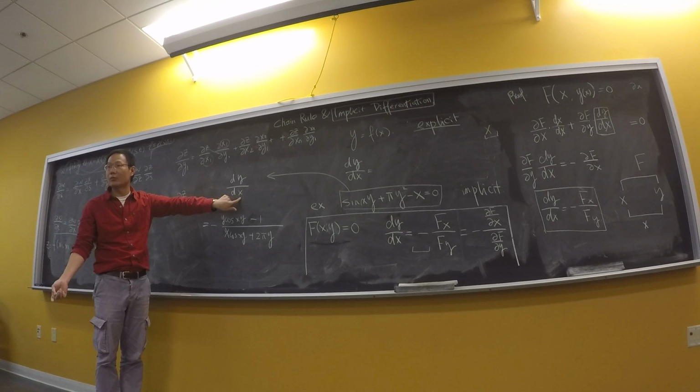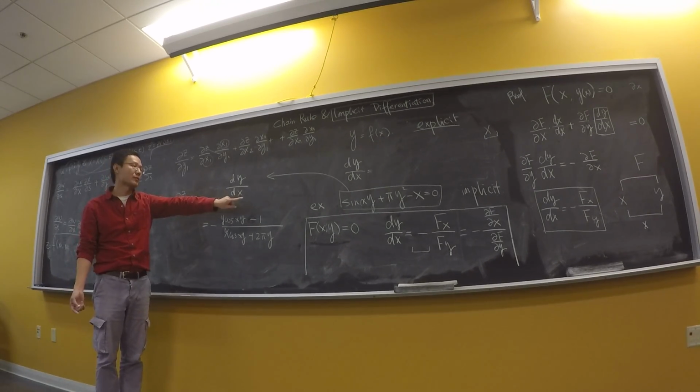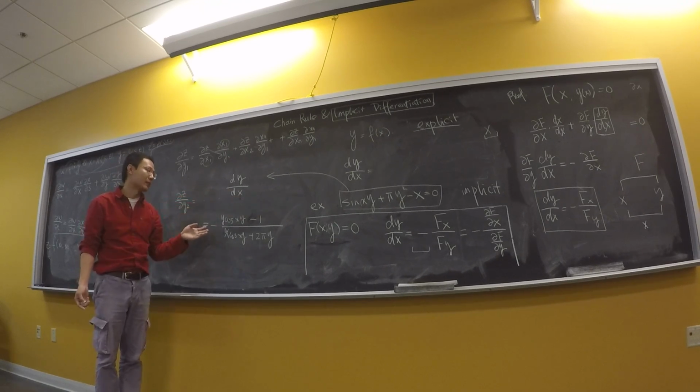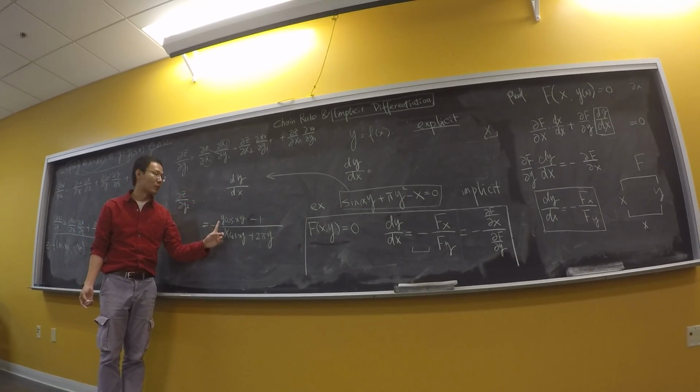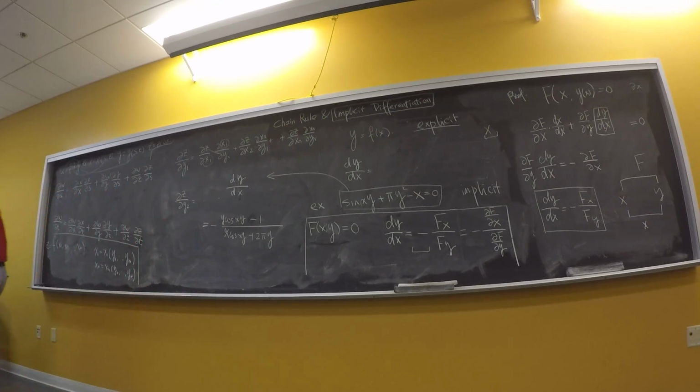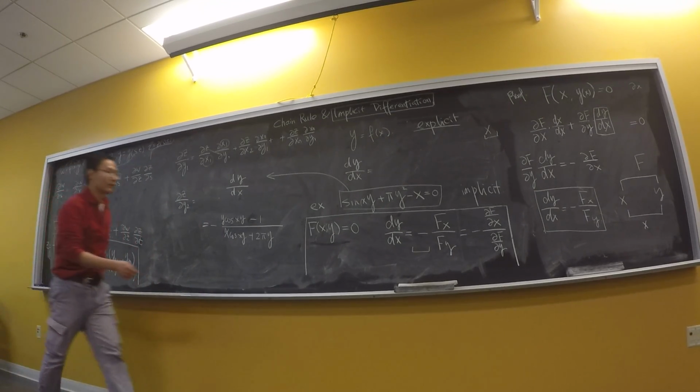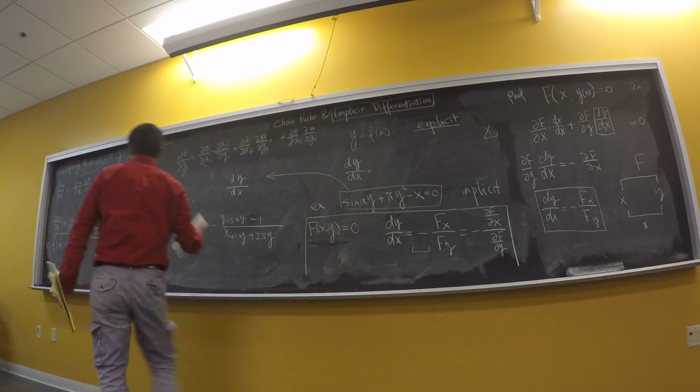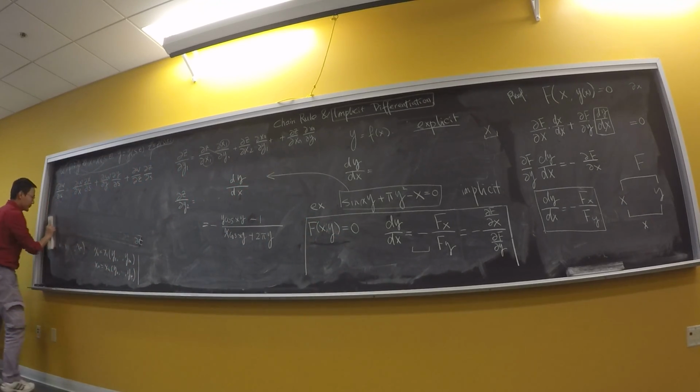You want to write down your answer with respect to x because x is the independent variable. However, because we're using implicit differentiation here, we cannot eliminate the variable y directly. So we have to live with it. So y will appear in our derivative here. Okay? So I will compute one more implicit derivative, and then I'll give you a demonstration of partial derivatives.